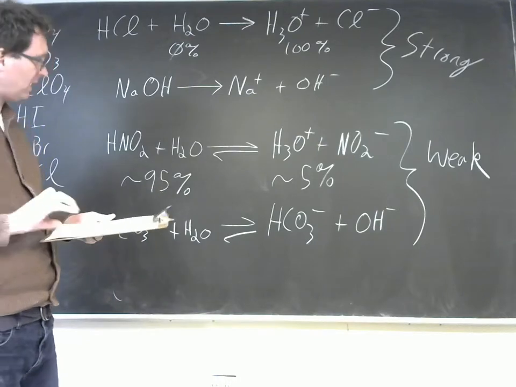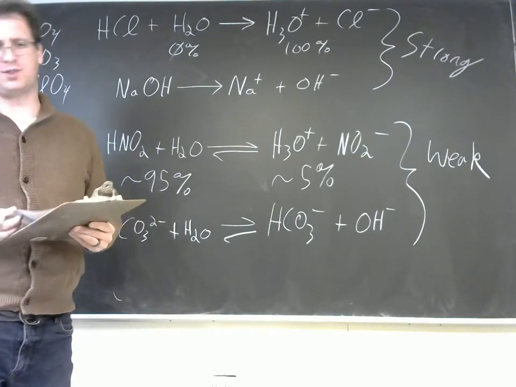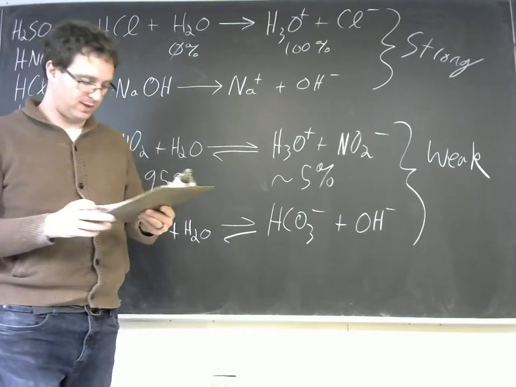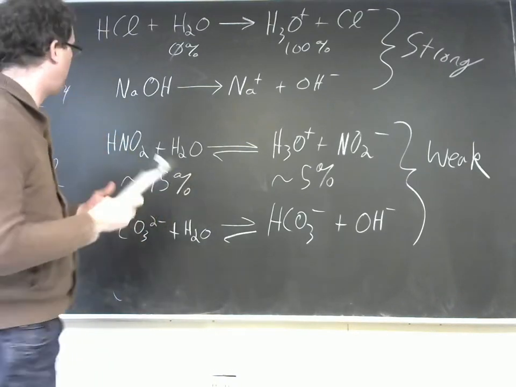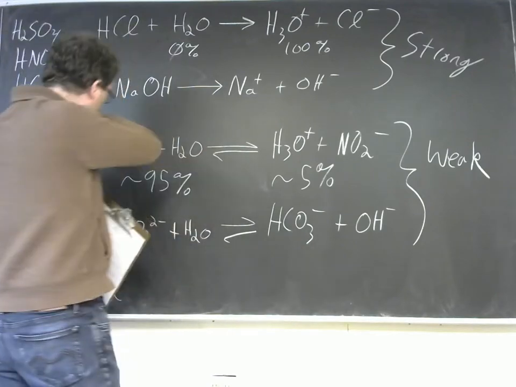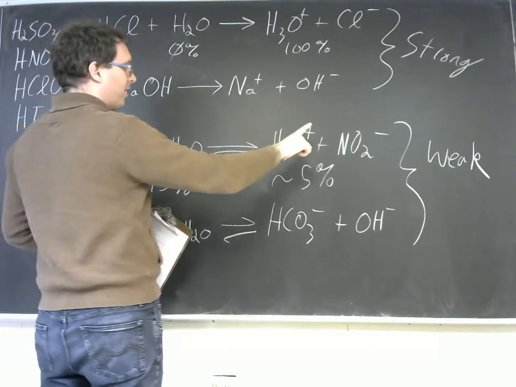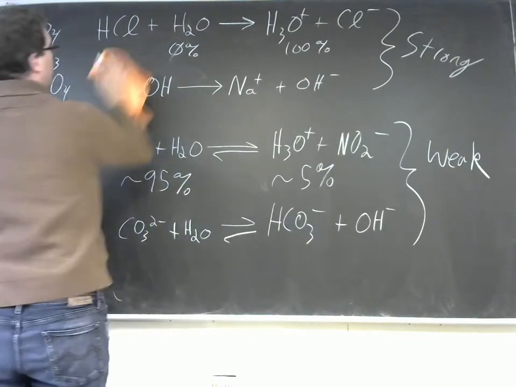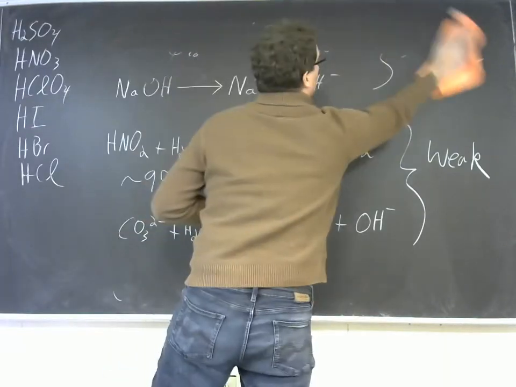And so we'll talk about the strength of acids and bases, and in a minute we'll do that quantitatively with numbers. But I want to point out that just like before, every reaction is going to have a conjugate pair. Let me go ahead and erase this up here.